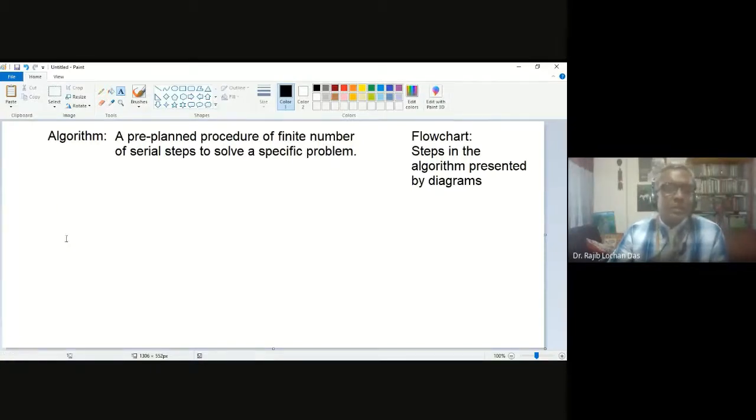LCM in Bengali is called Losagu, right? LCM or GCD. GCD means Gosagu of two numbers, right? Say finding the largest number, finding the smallest number, finding the sum of 100 serial numbers.